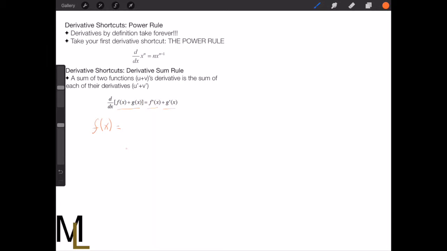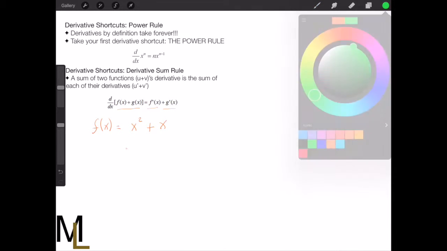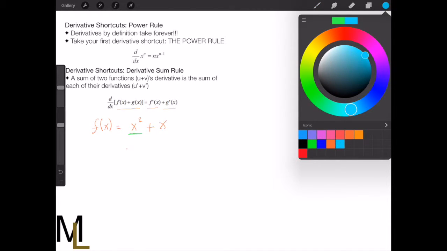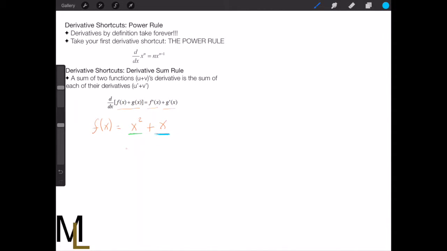If f of x is given as x squared plus x, we can treat this guy, the x squared, and the x as separate functions. So we can take the derivative of x first. The derivative of x is 1, right?